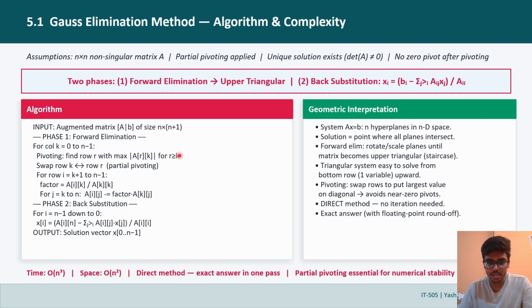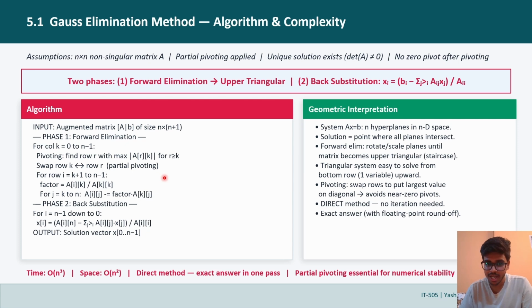Algorithm: we work on the augmented matrix AB of size n by n plus 1. For each column k from 0 to n minus 1, first find the row with the largest absolute value in the column k at or below row k, and swap that row with row k. This is partial pivoting.